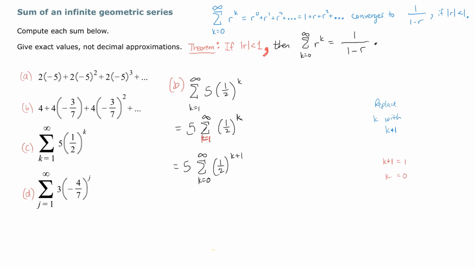You could easily see that by mastering your rules of exponents. And now you can see there's a common term of 1/2. Every single term actually has this 1/2, so let's factor that out.